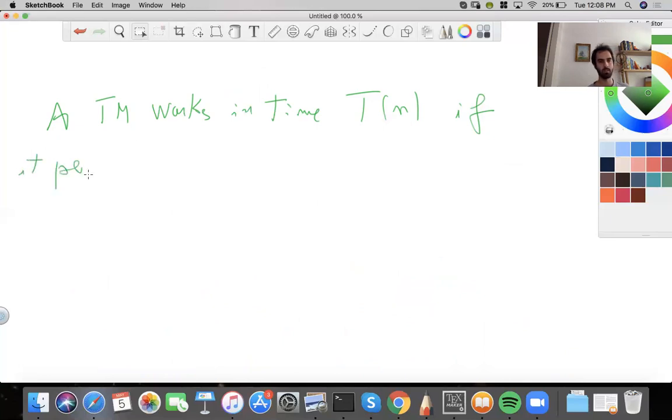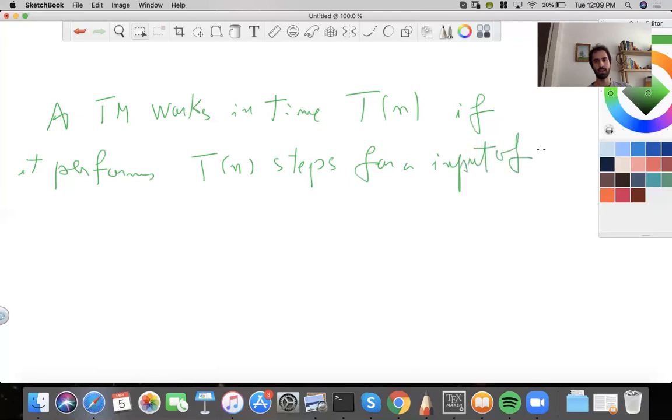Another definition is that a Turing machine works in time t of n if it performs t of n steps for an input of size n.